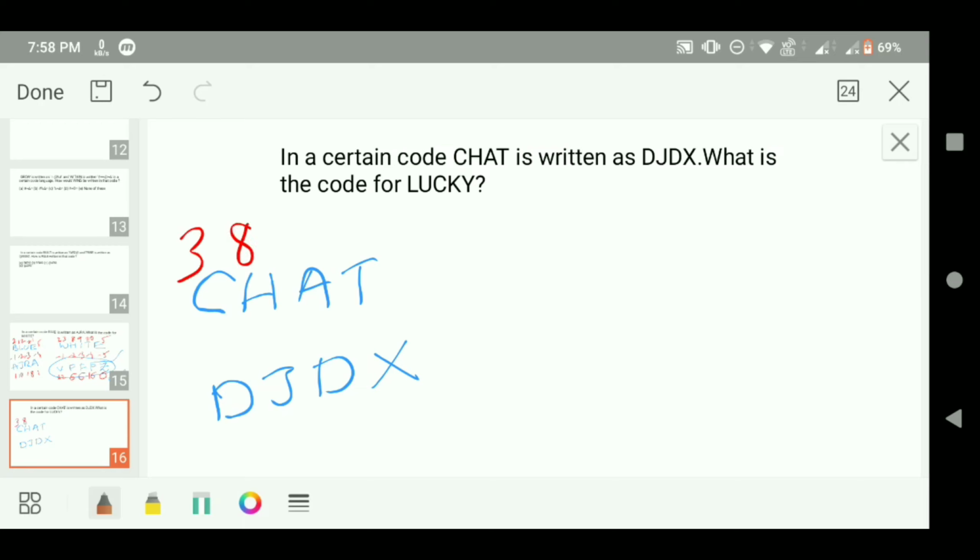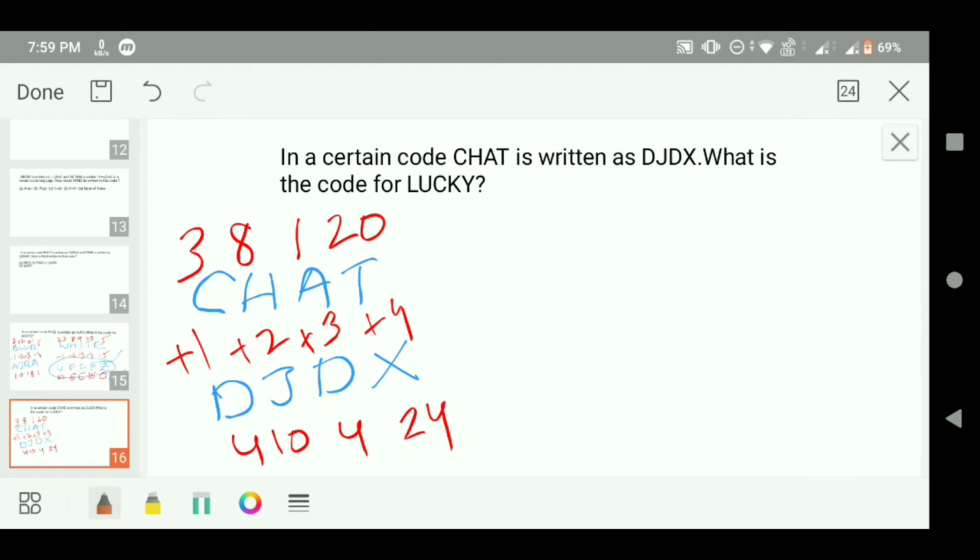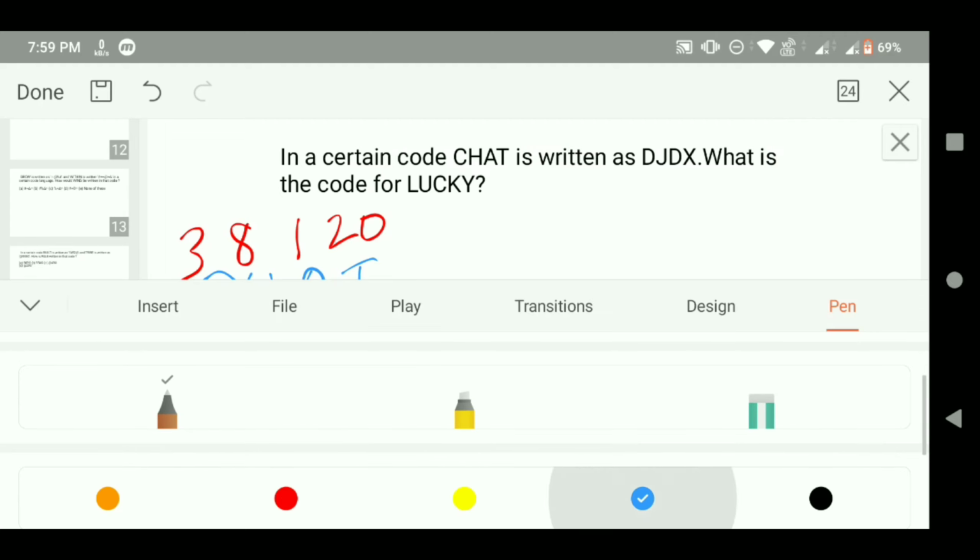And H will be 8, A will be 1, T will be 20. And likewise, if we add 3 plus 1, we get 4. The 4th position will be D. And if we add 8 plus 2, we get 10. The 10th position will be J. So here we need to check, either we need to subtract or we need to add, so that we get the number positions of the coded language.